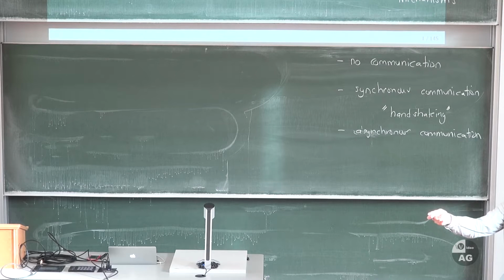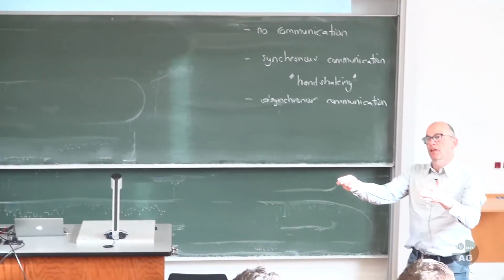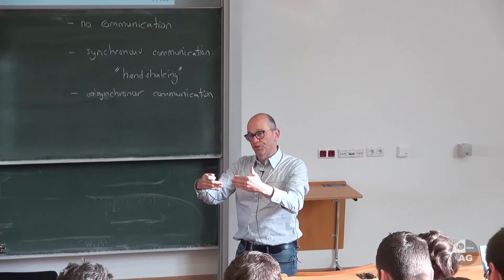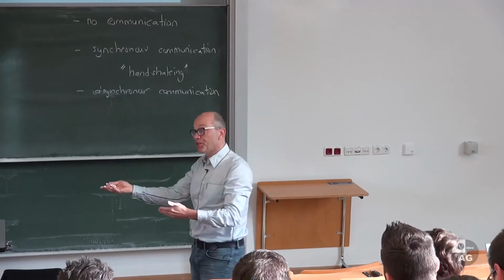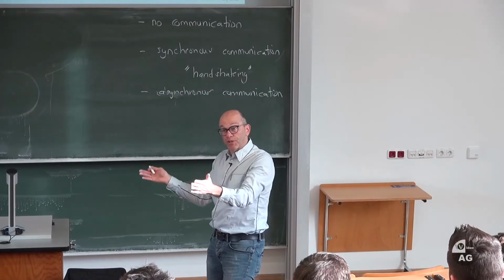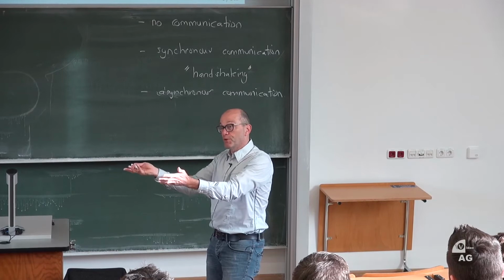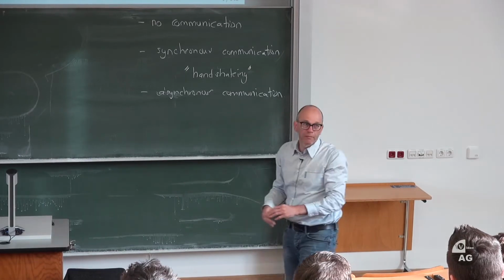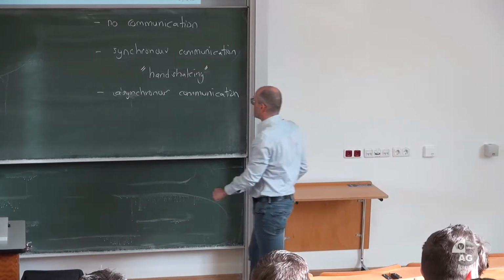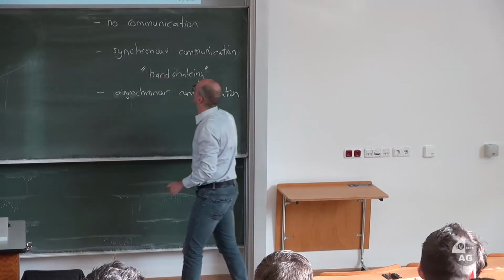Somebody puts a message into this mailbox. It's not like with handshaking, where you immediately synchronize. There might be some delay in between. Somebody has put something in your mailbox, but it may take arbitrarily long before you get the message out of it. And the way we're going to do that is by means of channel systems.